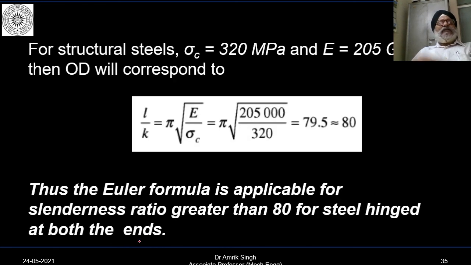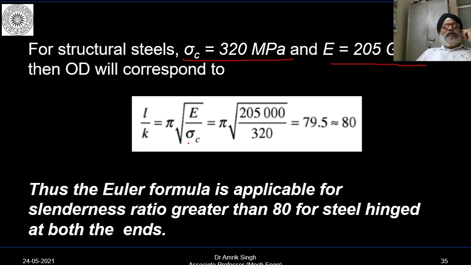For structural steel, mostly we have the value of sigma c as 320 megapascal, and for such steels the value of E is 205 gigapascal. Then from the above curve we can say L upon K is equal to pi root of E upon sigma c.